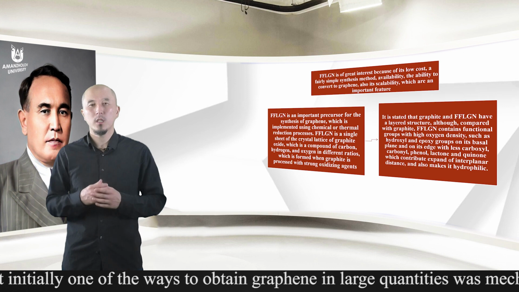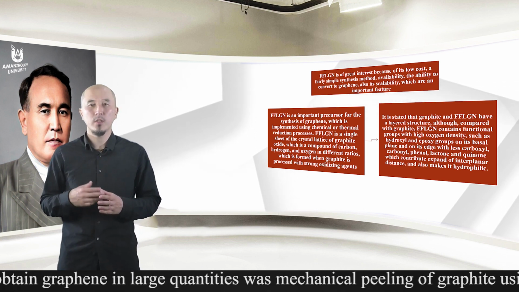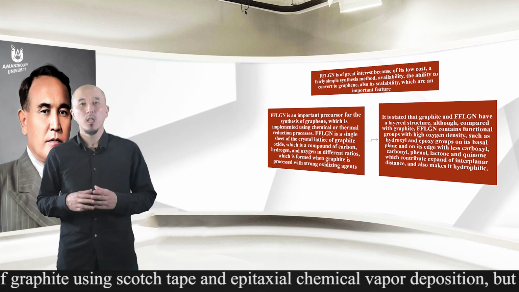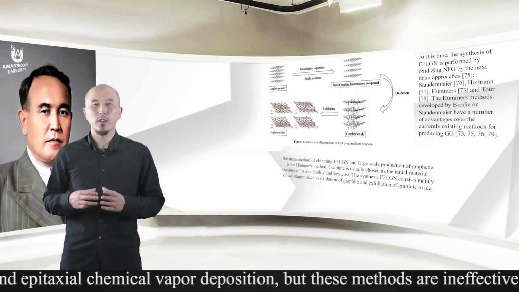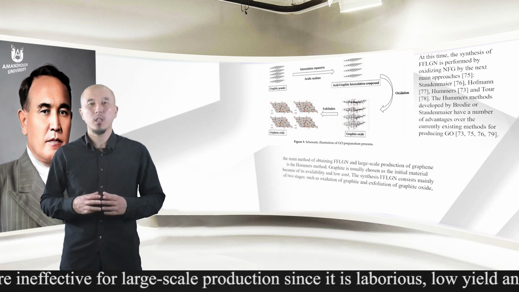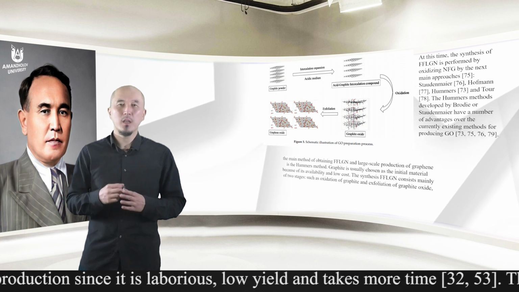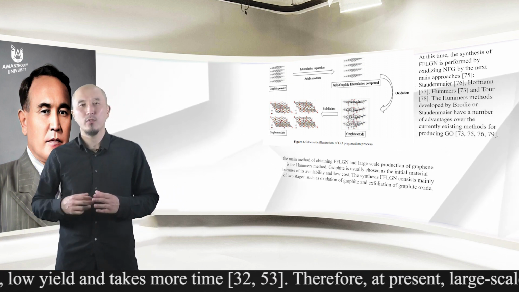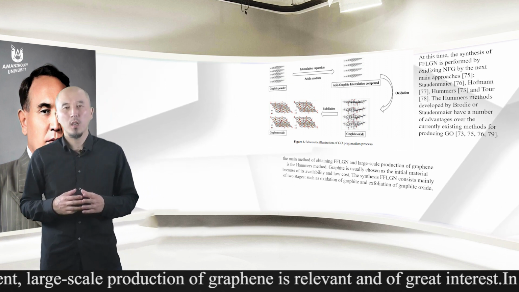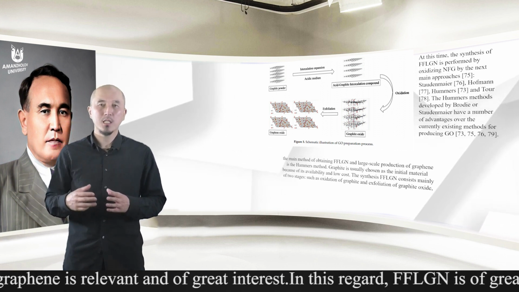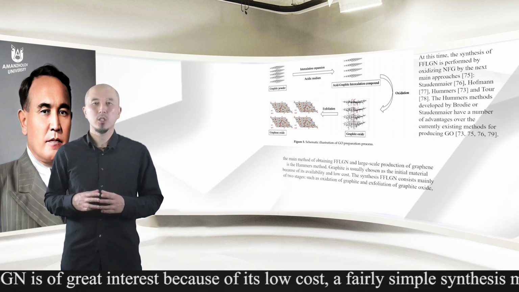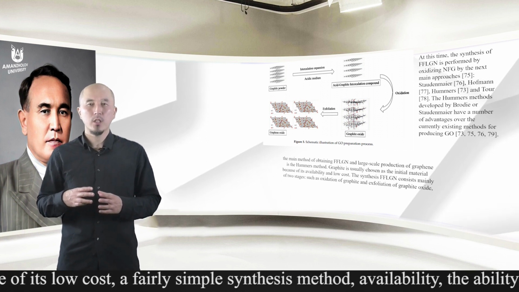In work, it was considered that initially one of the ways to obtain graphene in large quantities was mechanical peeling of graphite using scotch tape and epitaxial chemical vapor deposition, but these methods are ineffective for larger scale production since it is laborious, low yield, and takes more time. However, at present, large-scale production of graphene is relevant and of great interest.